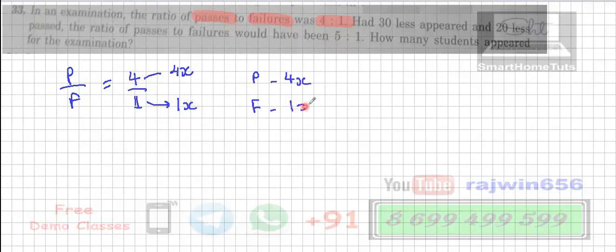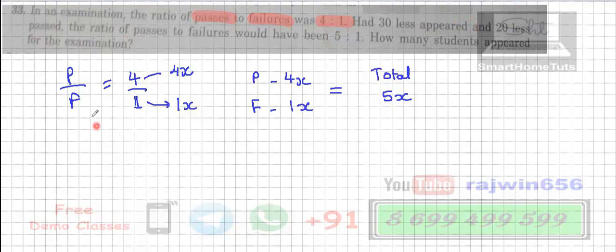Fail is 1x. So total is how much? This is going to be 4x plus 1x, that is 5x.